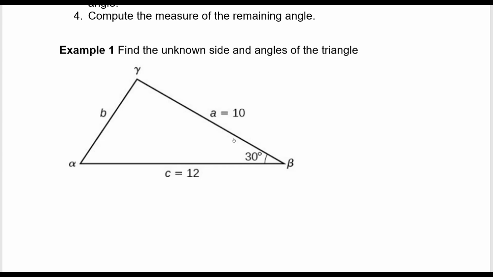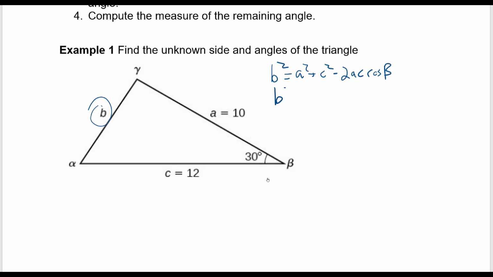So here we go. We have c equals 12. Angle beta is 30, and side a is 10. So let's find side b, and so I'll use b squared equals a squared plus c squared minus 2ac cosine of beta.